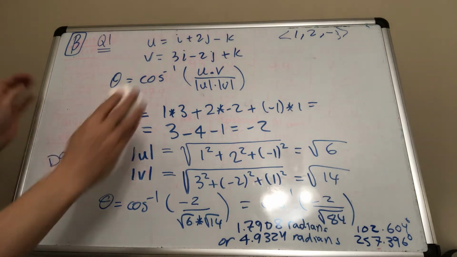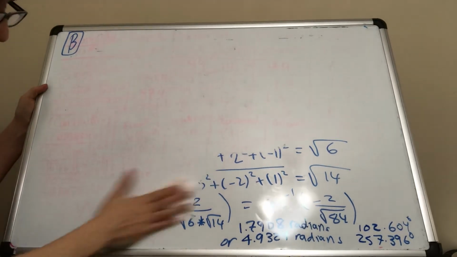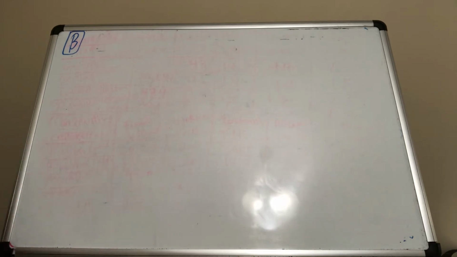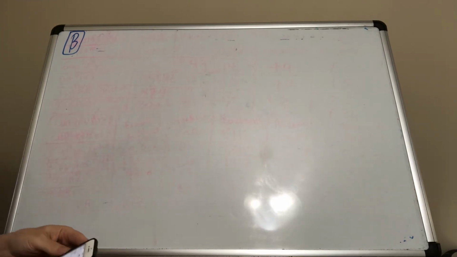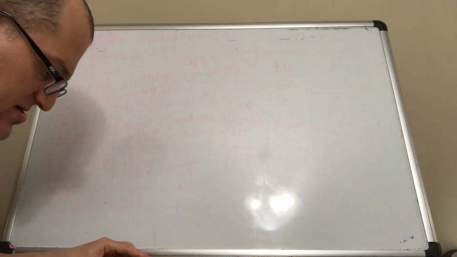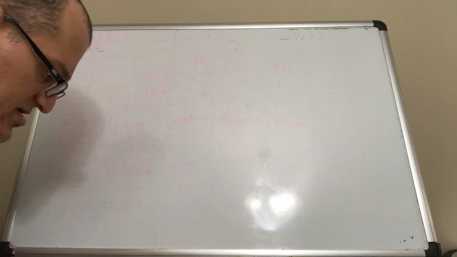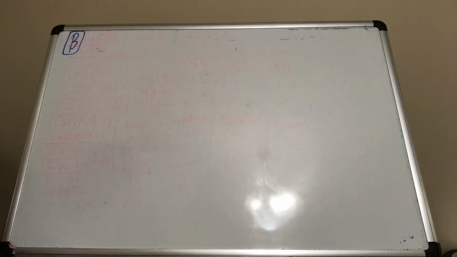Okay. Question 2. Find the cross product. Okay, so we're doing cross product between two different vectors.